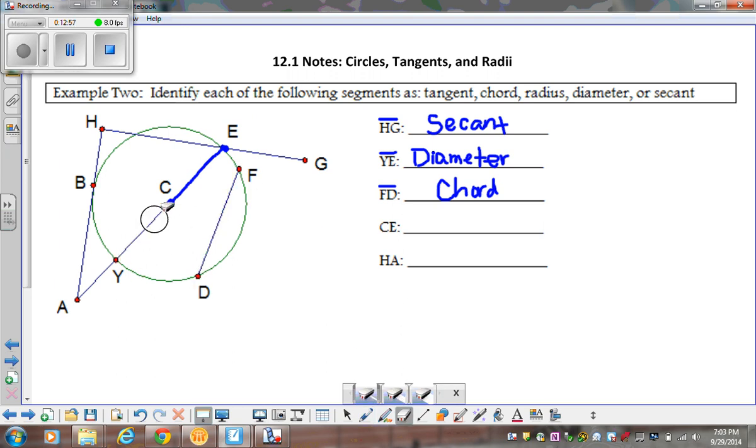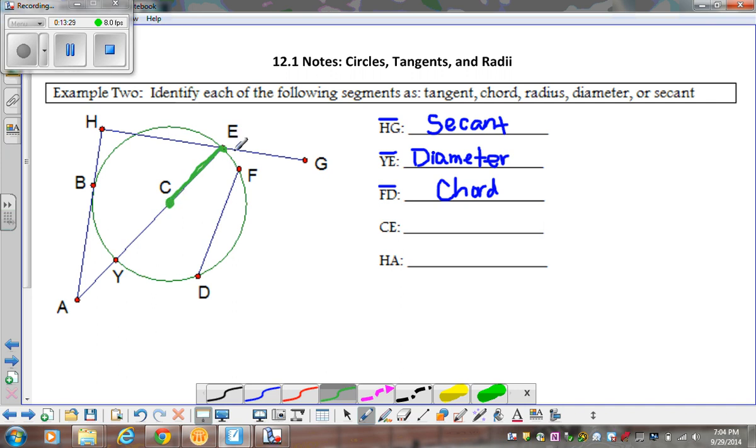All right, so let me erase a couple of these just so we don't clutter up my picture too much. The next one, if we look at CE, we'll go green. So segment CE. We start right here at my center point, and I go to some point on my circle. If you remember back when we were talking about some of these basic characteristics, we said a radius is a type of segment that starts at the center point, so starts right here at C and goes to any point on my circle.